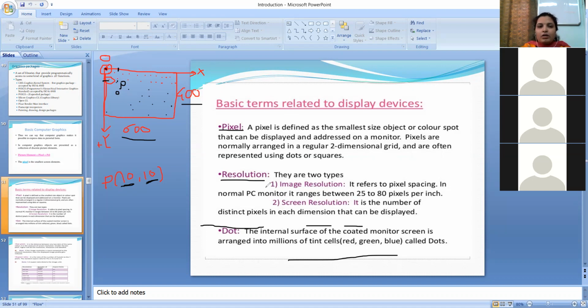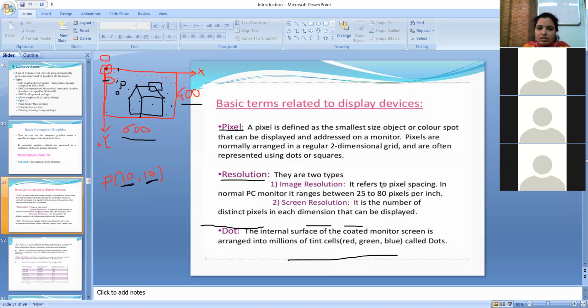Whenever I am going to display any image on this screen, consider this is the image I want to display on the graphics output screen. Here it will consider how many pixels are there in a 1 inch area.